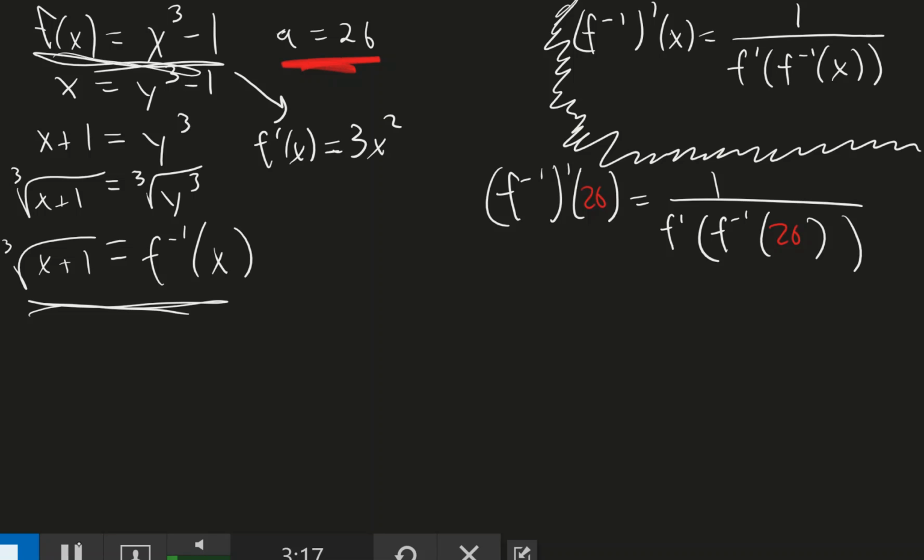And then it will be the reciprocal of that because it's 1 over all of that stuff. Now, since I have found the inverse function over here, I can simply go back and plug in 26, and then this would be the cube root of 27, which would be 3. So all of this part is going to evaluate to be 3.